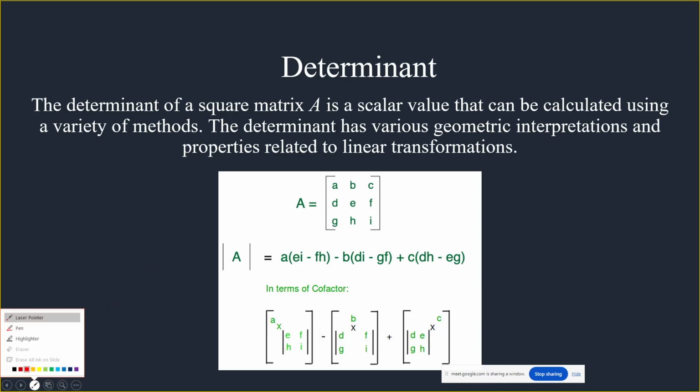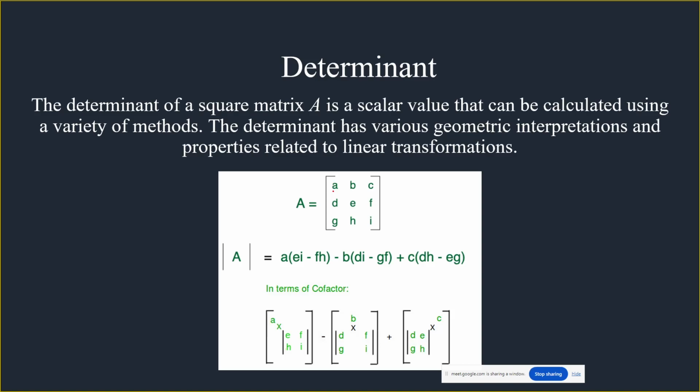Now if we look at our determinant, here we have a matrix with 9 elements, 3 in each row and 3 in each column. If we want to find the determinant of the matrix, we need to multiply the first row's elements.